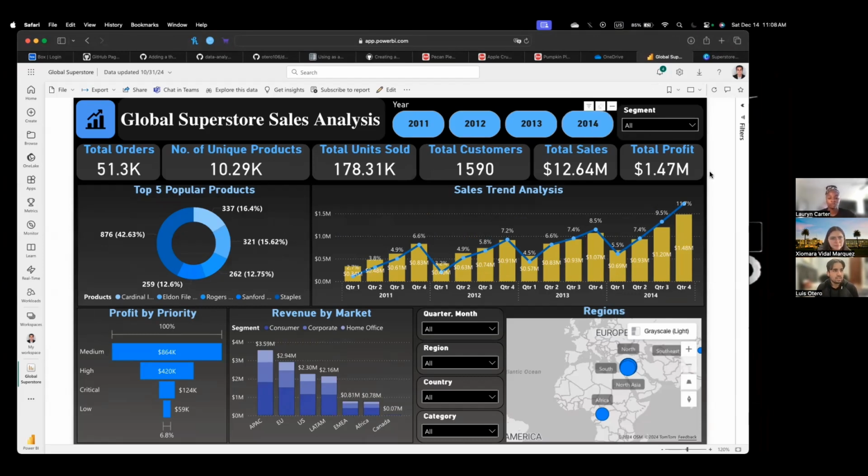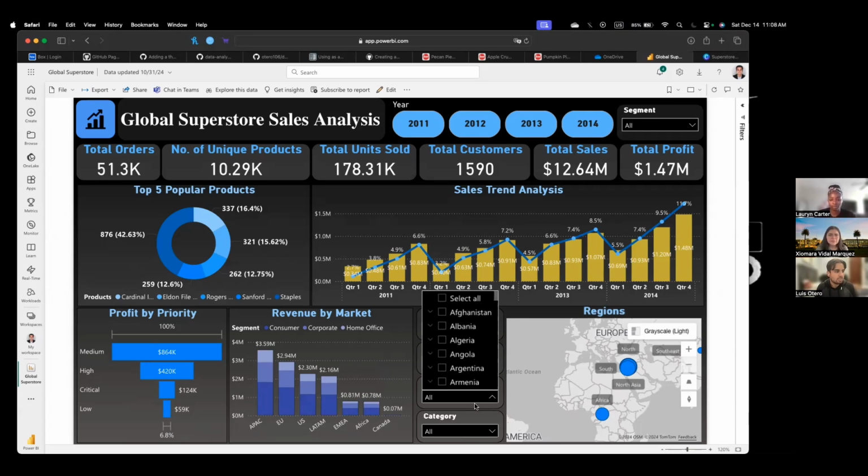So as you can see, we have several different charts and graphs all together in this one page. The Global Superstore can utilize this dashboard to filter on specific markets, segments, or countries if they want to know how they're doing in Afghanistan or the United States or Italy.